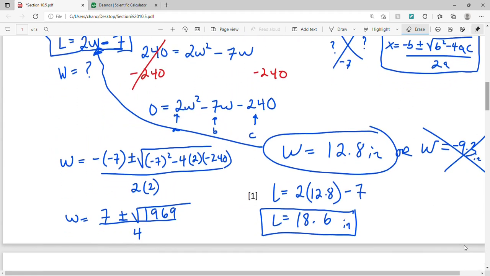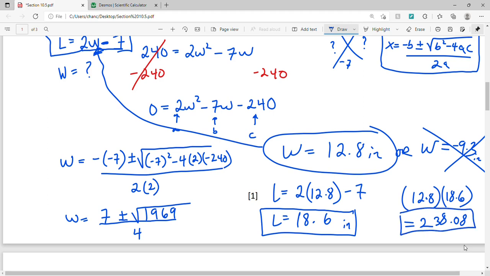So to check our work, we'll need to multiply 12.8 times 18.6. This is the length times the width, and that should be close to 240. And that gives me 238.08.